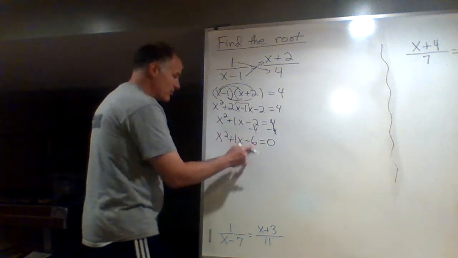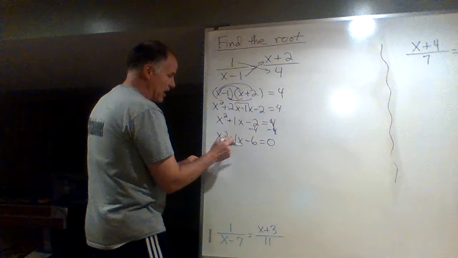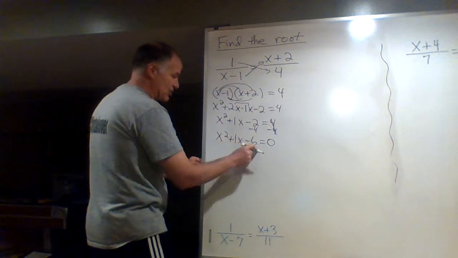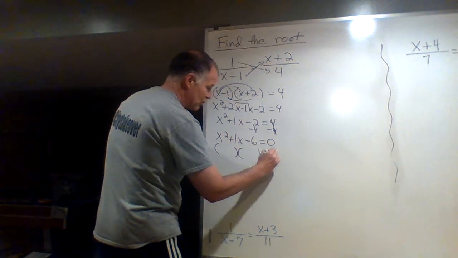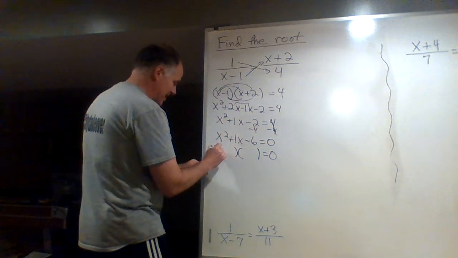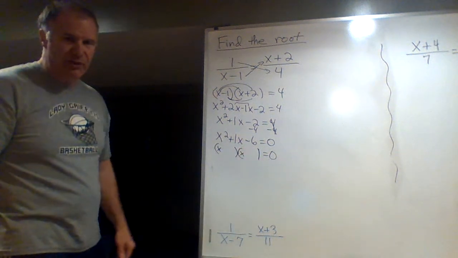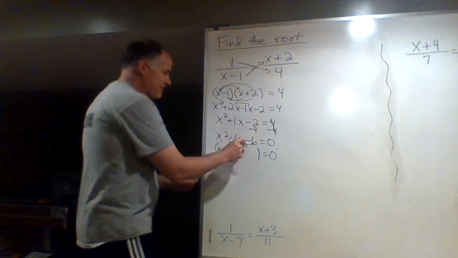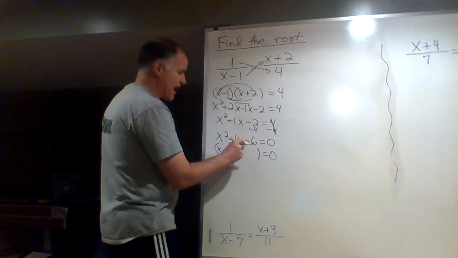Okay, but here's the zeros. Now we're just going backwards. So we're unfoiling. The answer to this problem will be the two parentheses we get when we unfoil. So x and x. Again, these are things we've just been reviewing lately. The factors of negative 6, because it's negative, that subtract to make 1.